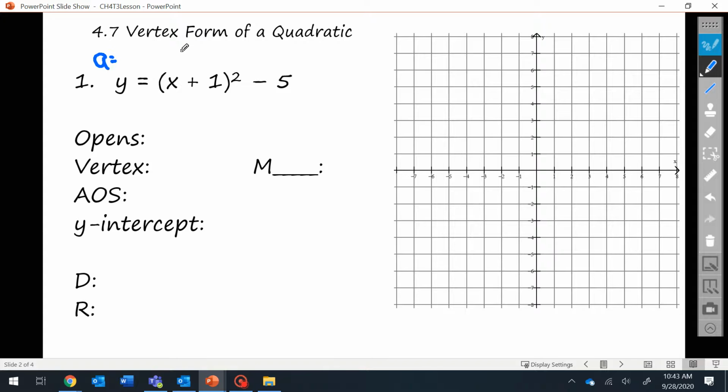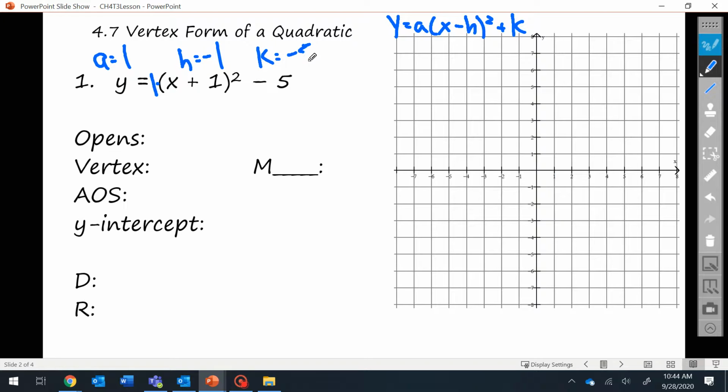A, h, and k. Remember the equation y is equal to a(x minus h) squared plus k. The a is the number on the outside of the parentheses, which in this case would be 1. So a is 1. The h, x minus h. So in order to get x plus 1, if we're minusing h, h would have to be negative 1, because x minus negative 1 becomes x plus 1.